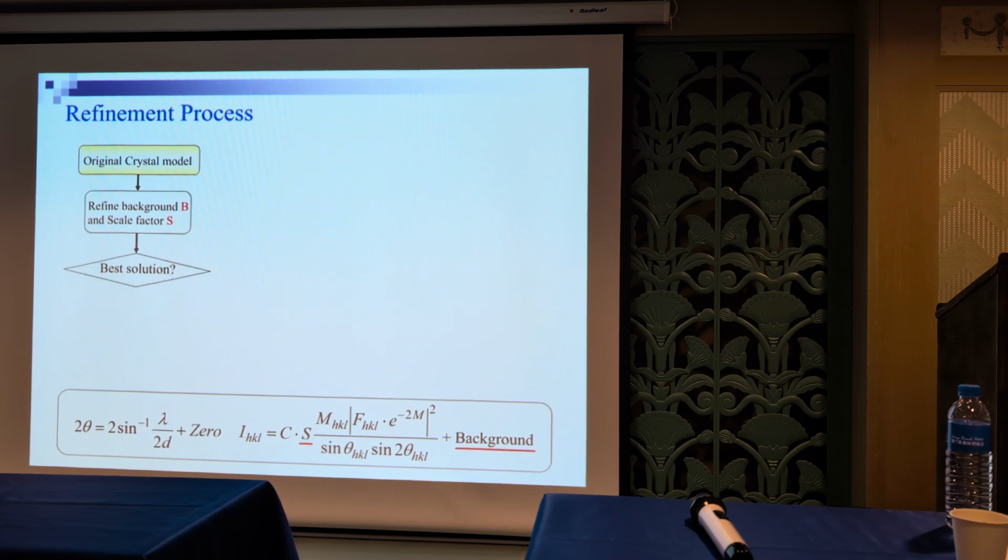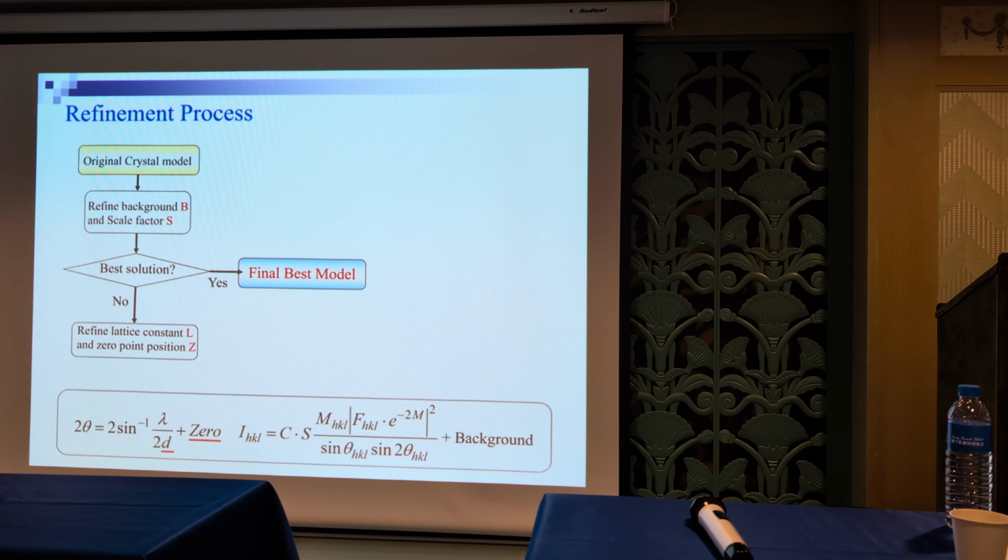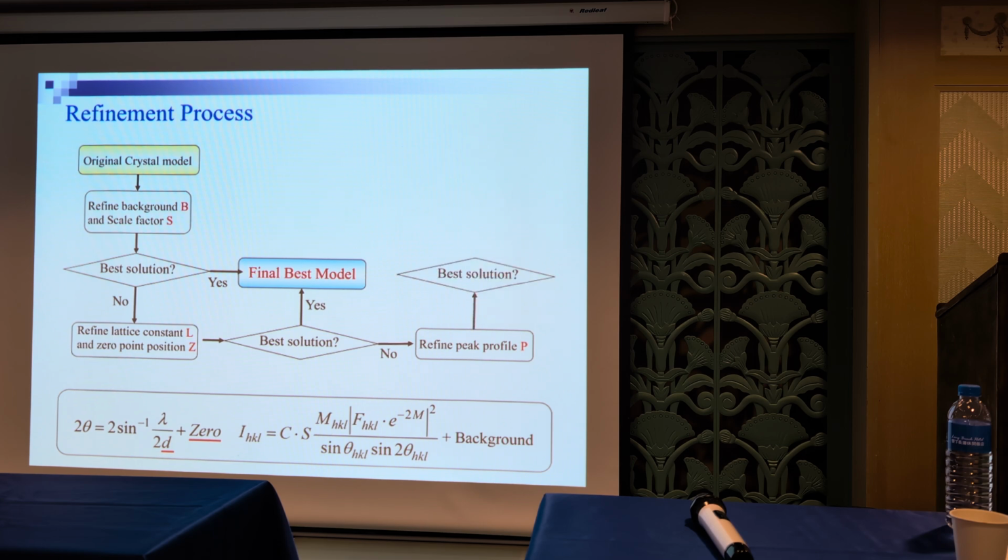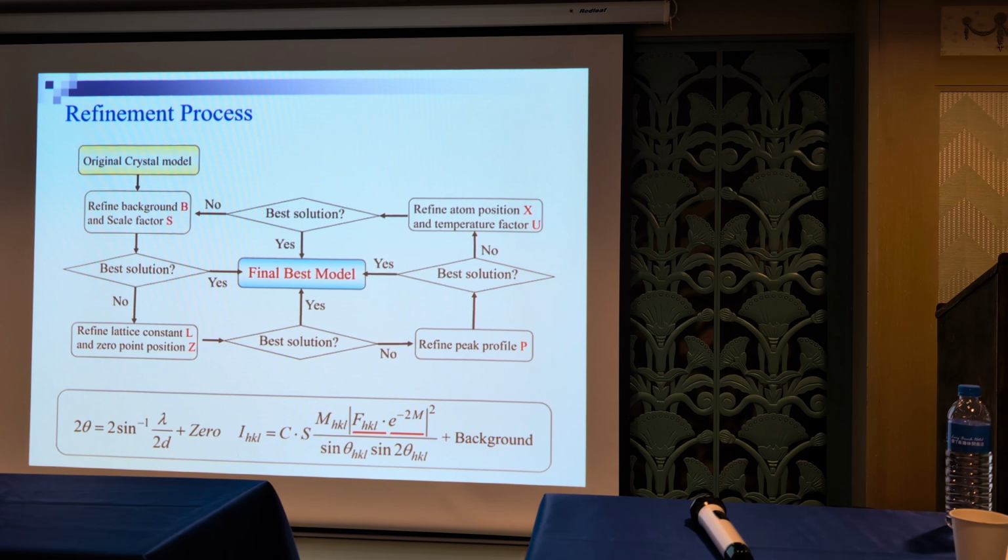And if you got the best solution, you can stop the refinement. But typically, you would not finish at the first time. So you need to refine the lattice constant and zero point position. Here you can also see I just highlighted in the equations which parameters you refine. And if you got a better solution, then you can finalize your refinement. If not, you need to refine the peak profile, the atom positions, and the temperature factor. And then you can loop through this process.